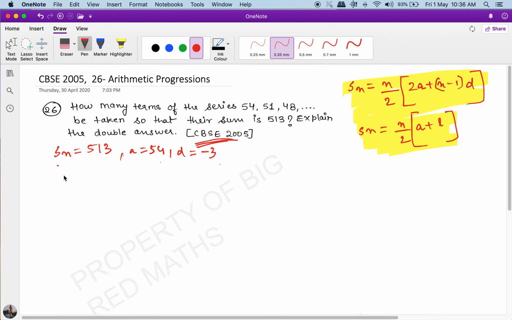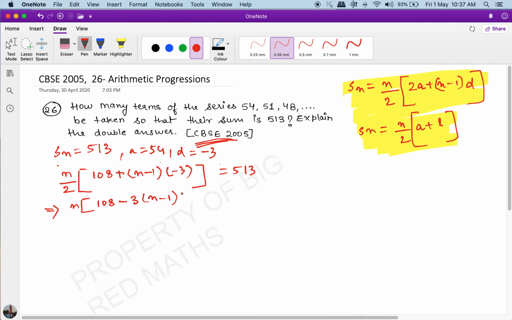So what we get is n upon 2 multiplied by 2a, that is 108, plus (n minus 1) multiplied by d, that is minus 3, equal to 513. This becomes n multiplied by (108 minus 3 into (n minus 1)) equal to 1026.